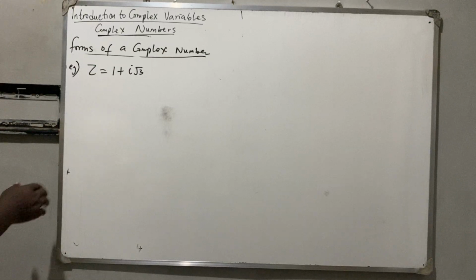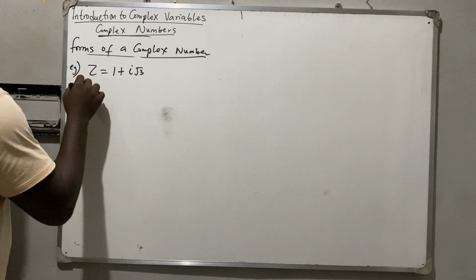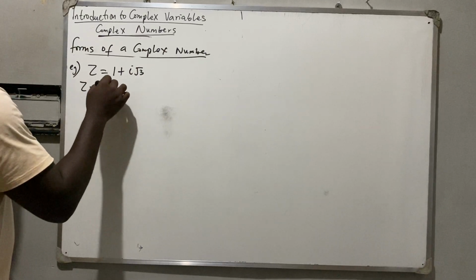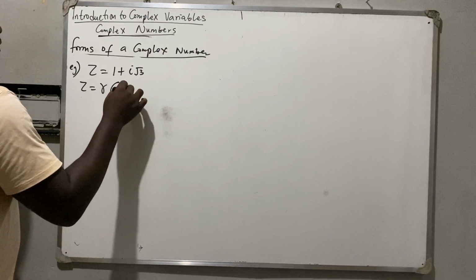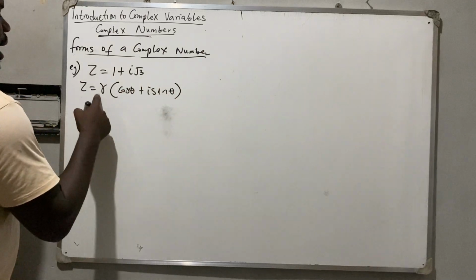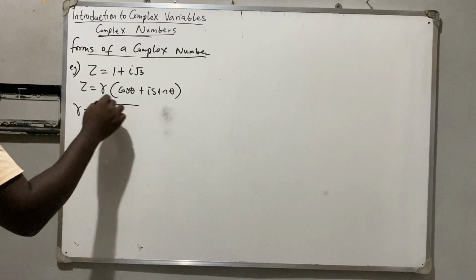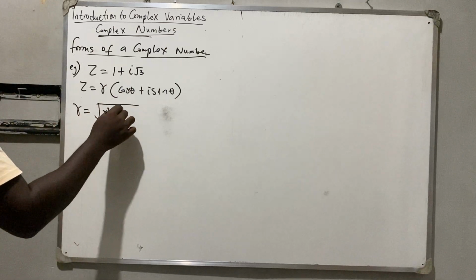So the first one is to change it to polar form. I told you the formula is that z is equal to r in bracket of cos theta plus i sin theta. So the only thing I need is our r and theta. To get my r, I know that r is equal to the square root of x squared plus y squared.